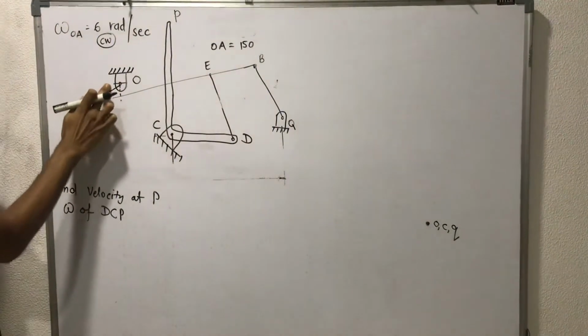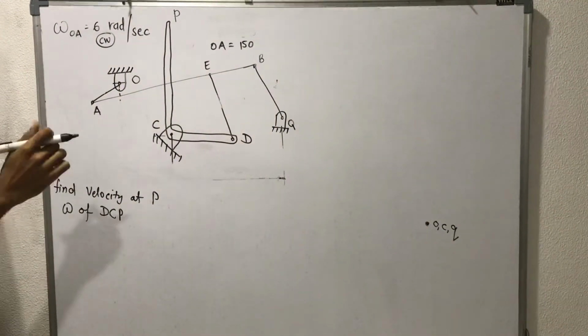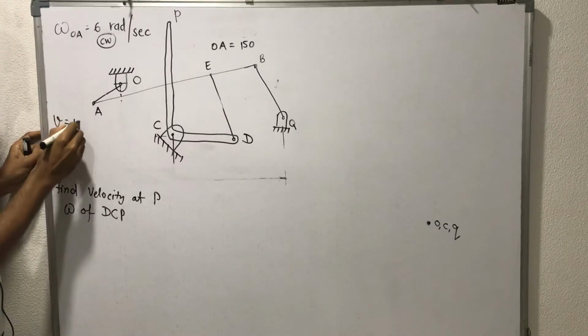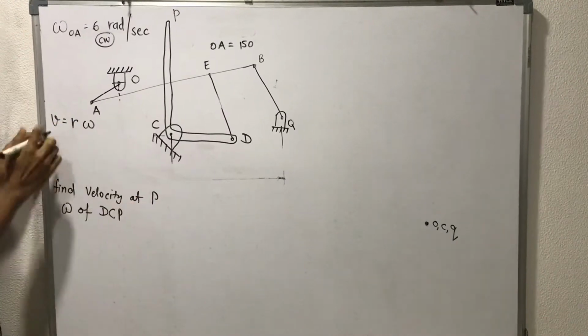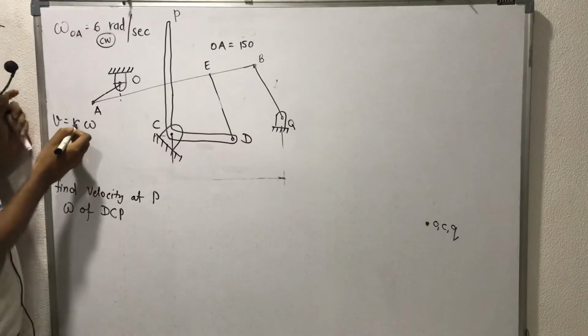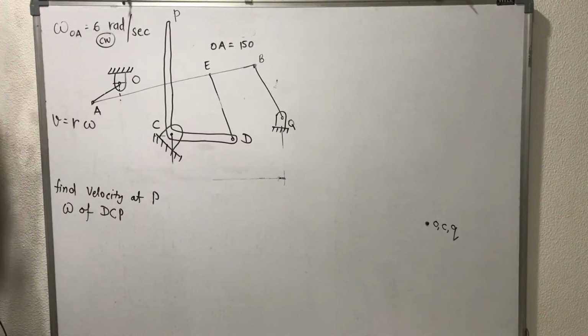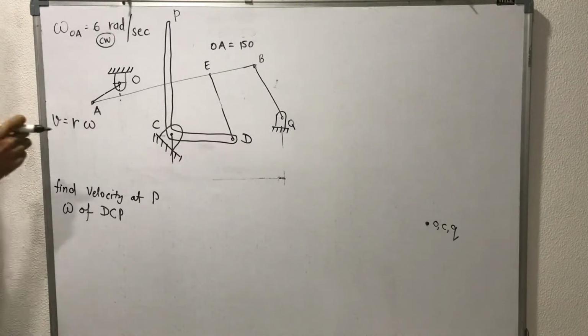So OA link is over here. So the velocity relation is V equal to R omega. V represents velocity, R represents length of link, and omega represents angular velocity of that particular link.